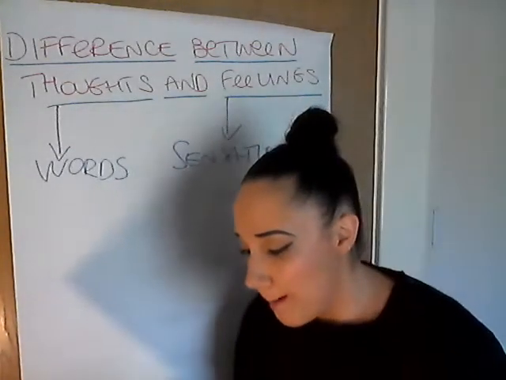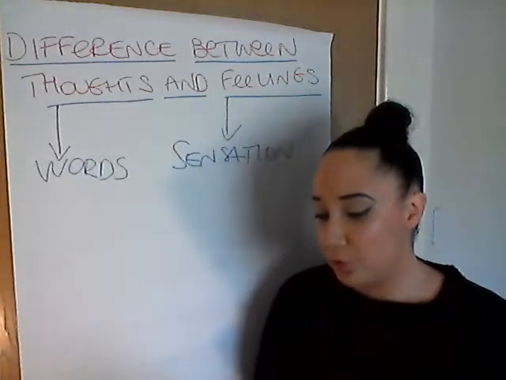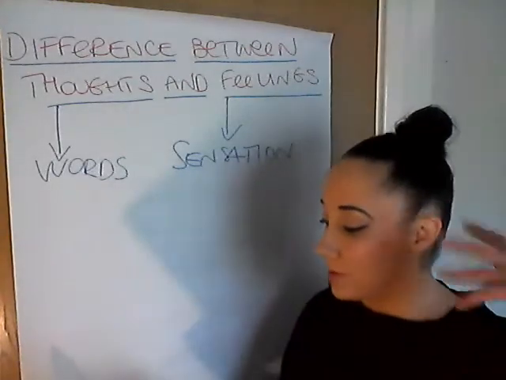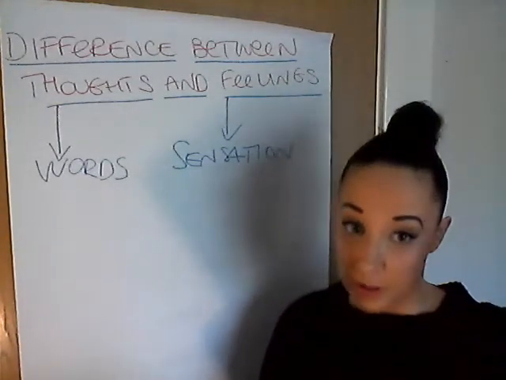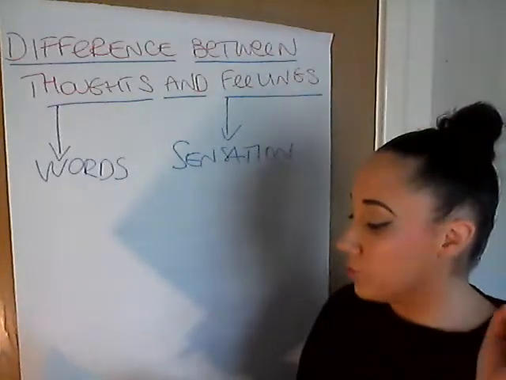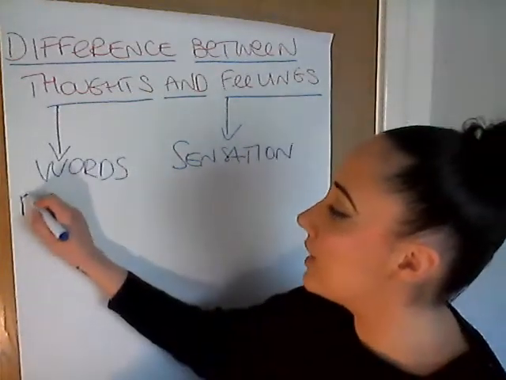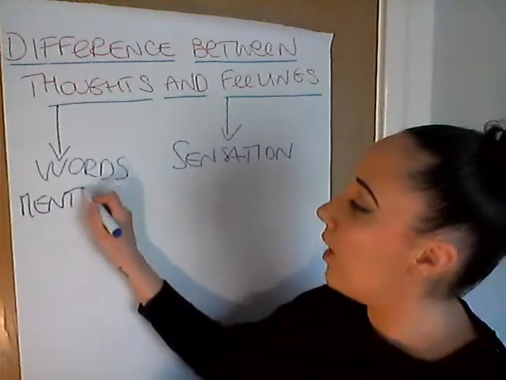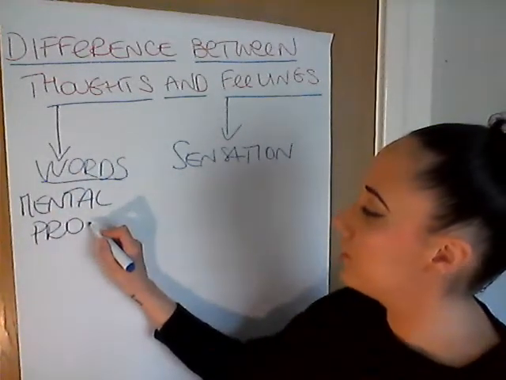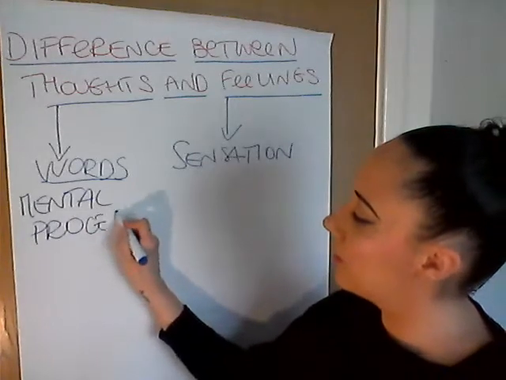So, basically, thoughts refers to a mental process that occurs in the mind, and it's always continuous. Can you stop thinking? Not much. So it's a mental process, and it's a continuous process.